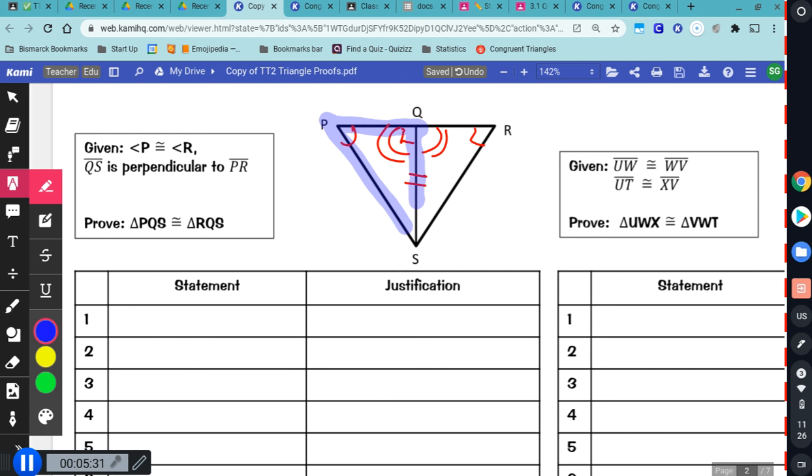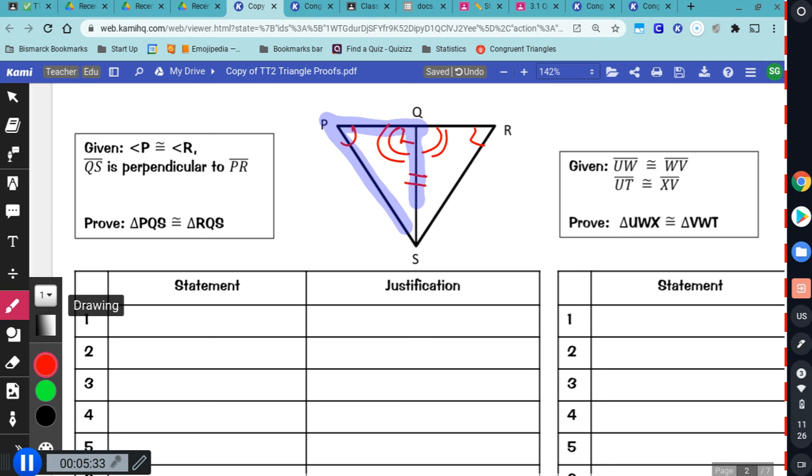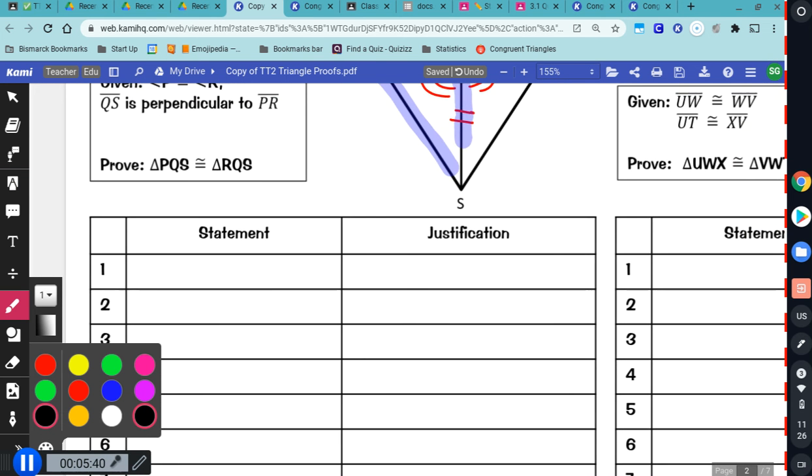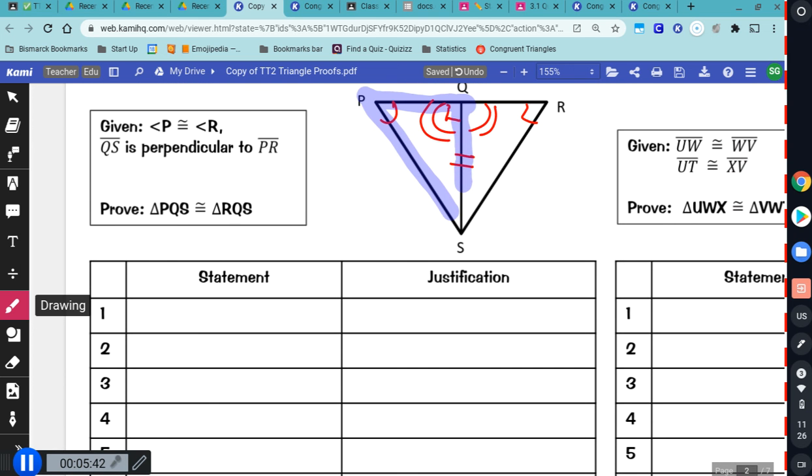All right, I'm going to start by just writing the statements, and I want you to try to fill in the givens. Okay.